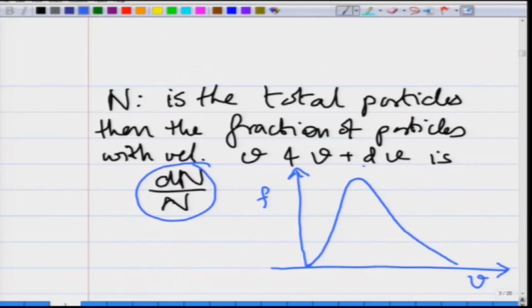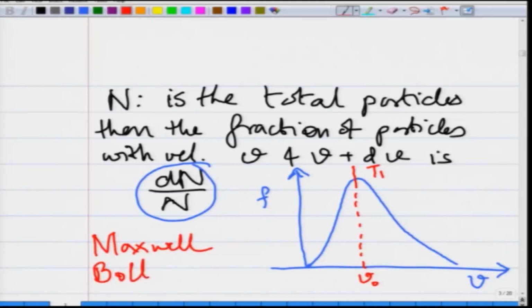At a given temperature T1, the particles have a mean velocity, average velocity V0, and there is a certain spread. There is a distribution of the velocities which the particles of the gas have, and this sort of distribution is called the Maxwell-Boltzmann distribution.